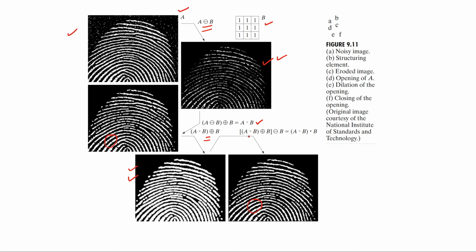So you had the open result, then you are dilating that image, then you are eroding that image. In effect, you have an opened image, and the result of which you are closing. For the closing operation, you first perform a dilation, then you perform an erosion. So that is the final result of A opened with B, then closed with B again. Okay, I hope this example is clear. Thank you.